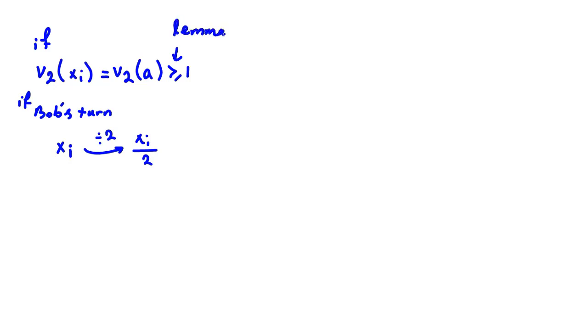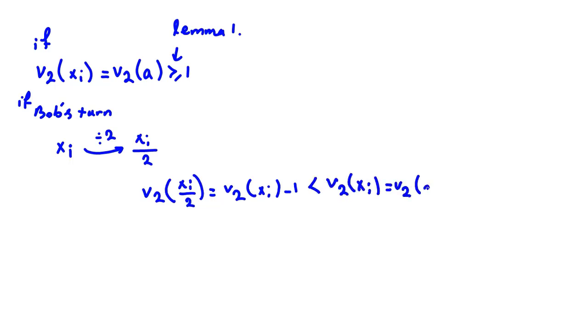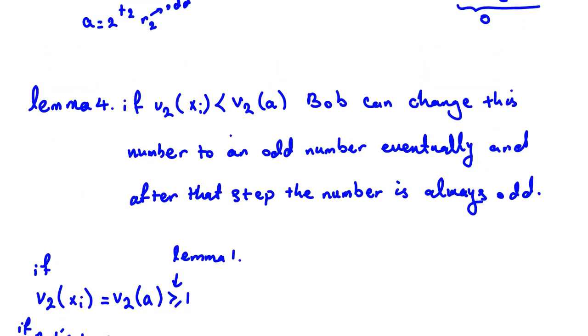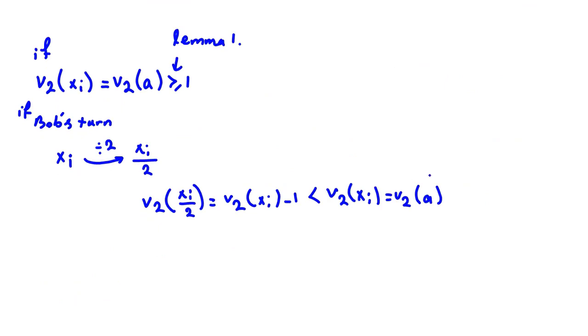So because a is all even, xi is also even. If Bob divides by 2, then v2 of xi over 2 is v2 of xi minus 1, and it is less than v2 of xi, which is v2 of a. And because v2 of this number that we've reached is less than v2 of a, it will be like Lemma 4. By Lemma 4, Bob can reach an odd number.